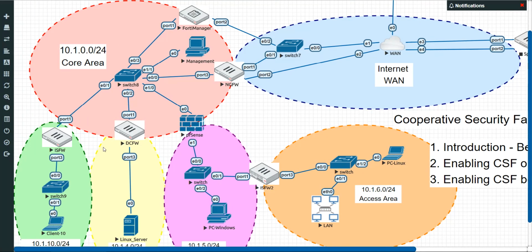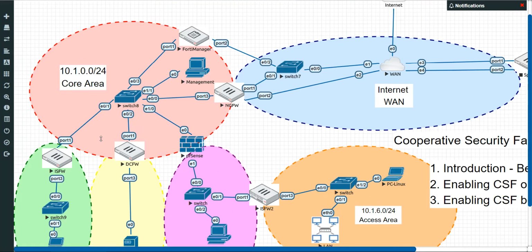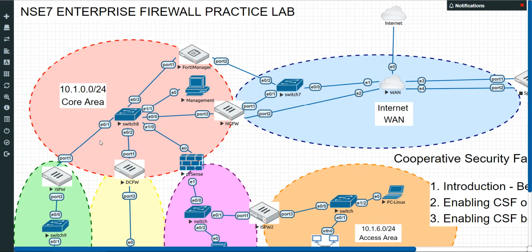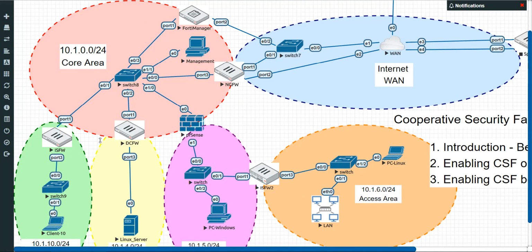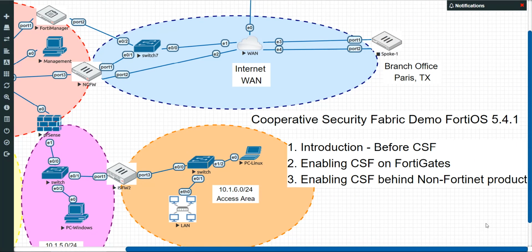Now we're also going to take this a step further. You don't need to, but I think it's a better experience by turning on device discovery also. What this will do is treat these devices as individual references instead of just IP addresses. I am going to wait on the last FortiGate that we plugged in on the fly as our third example in our last video, and that is enabling the security fabric behind non-Fortinet products.